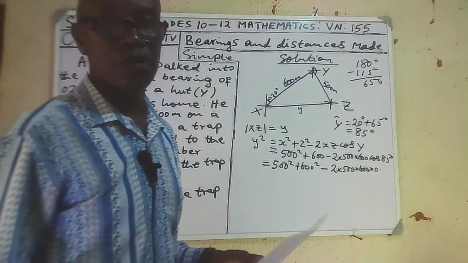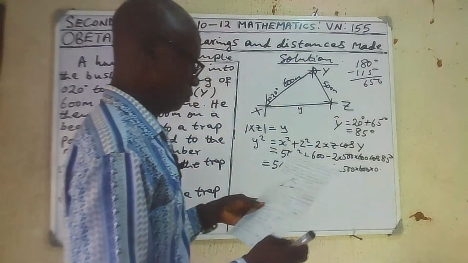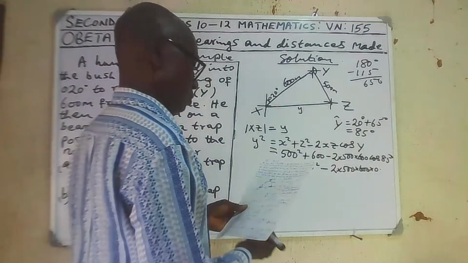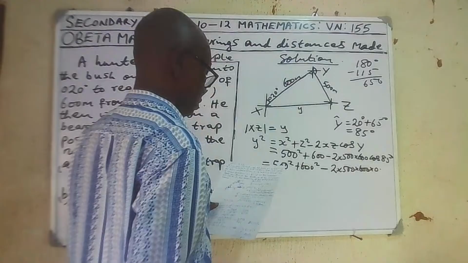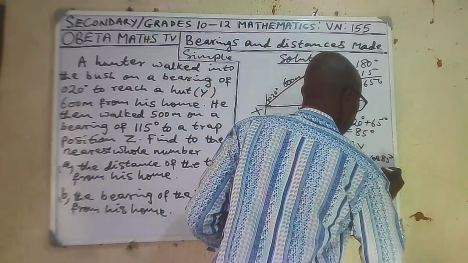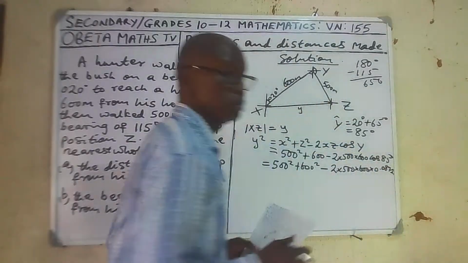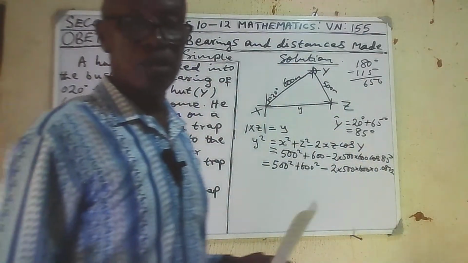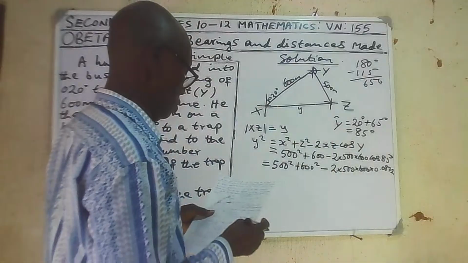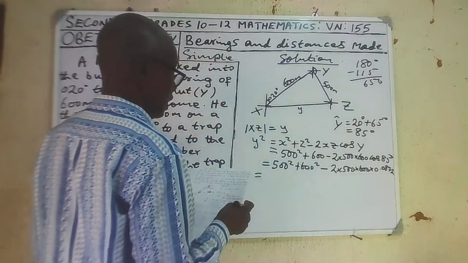We check our calculator, and that will give us 0.0872.